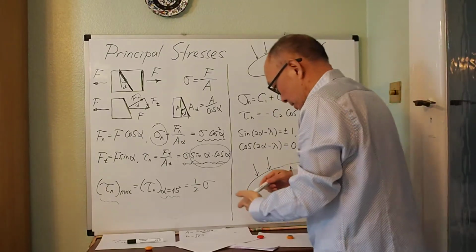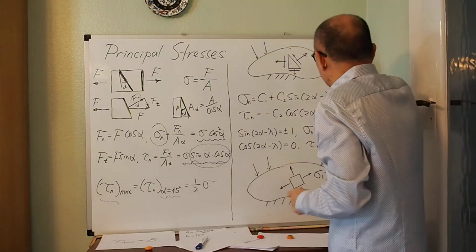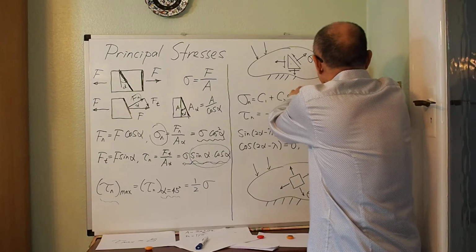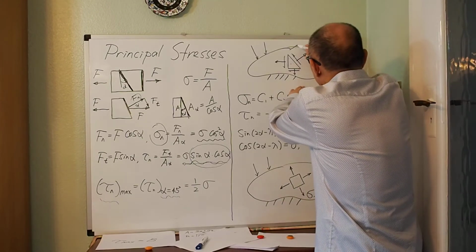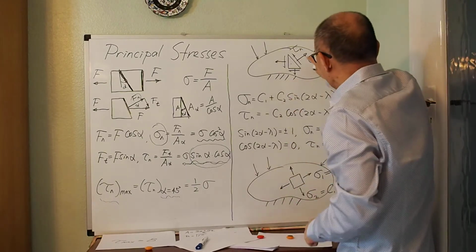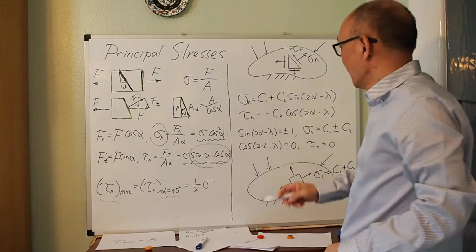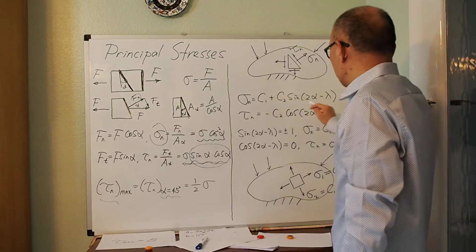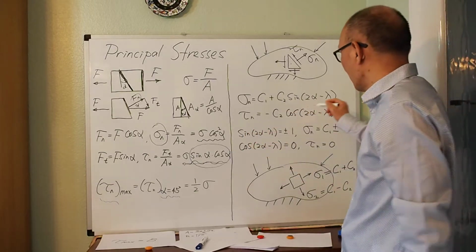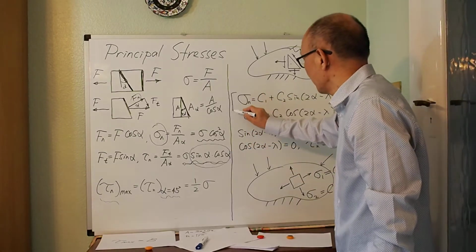So let me change it, use the black color. Here, let's say that's sigma n, this is tau n. You find these two stresses, and they are given by these two equations here. And the equations are not that complicated.